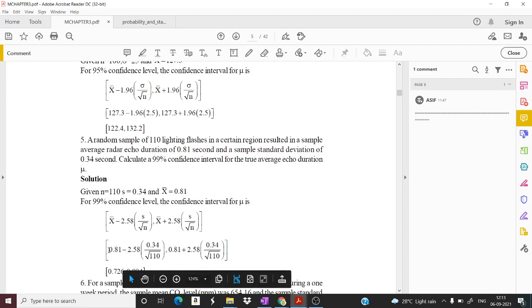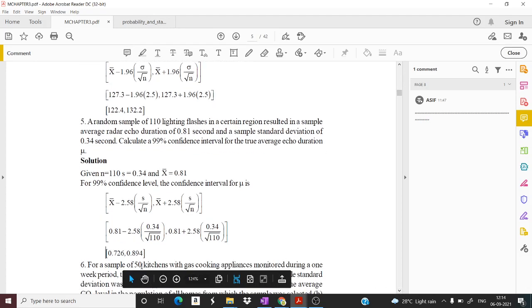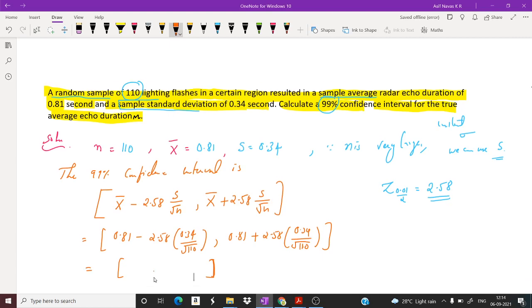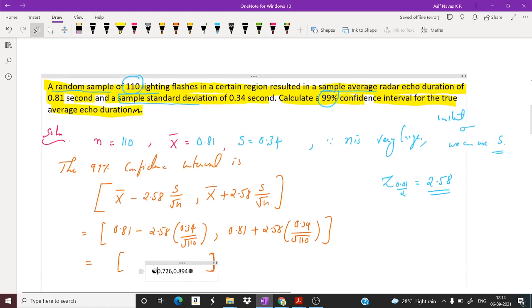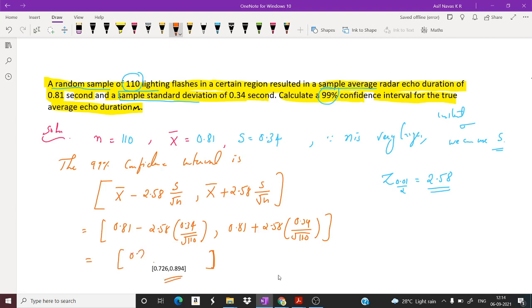This is that interval, so the answer is 0.726 to 0.894.